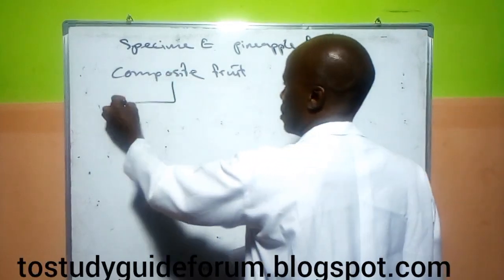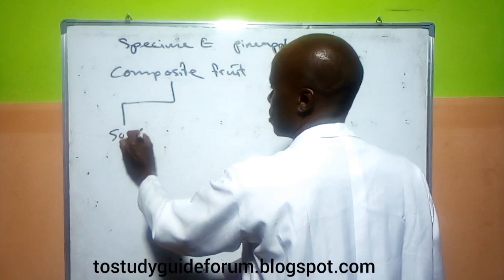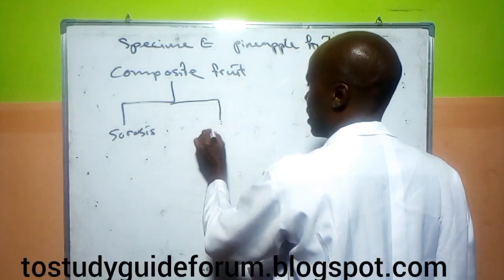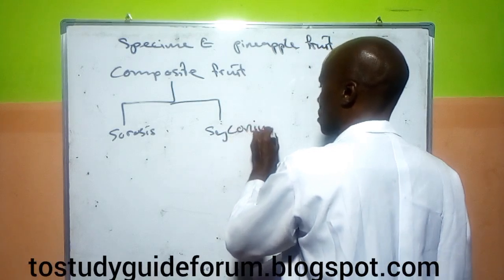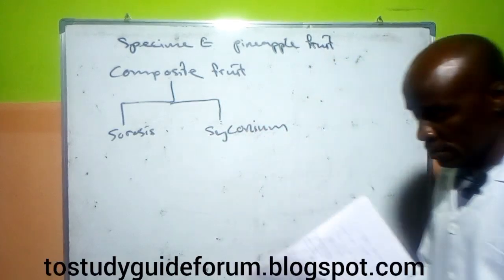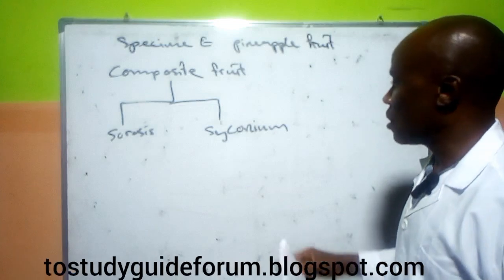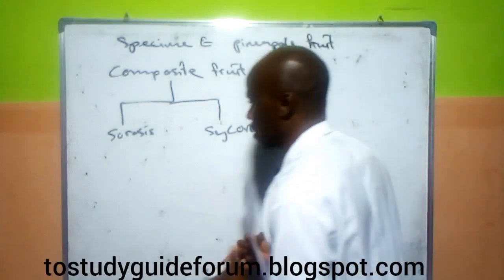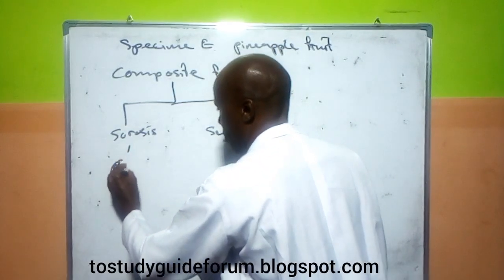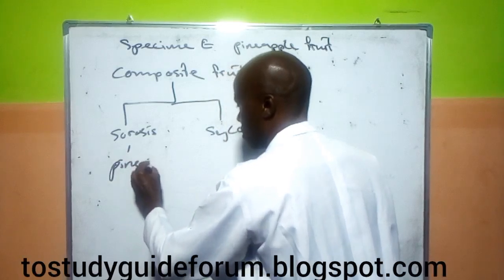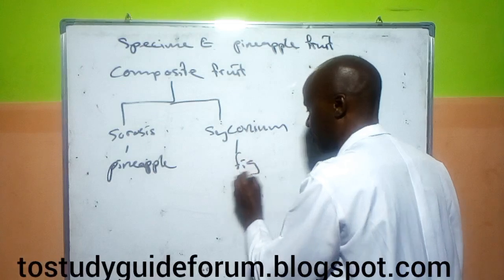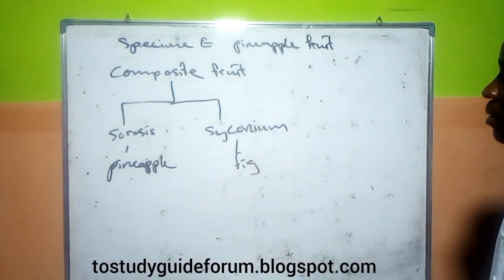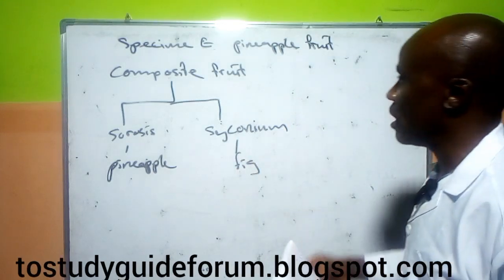The first one is the one we call sorosis, and the next one is the one we call syconus. The example of this sorosis is the pineapple, and the example of the other one is the fig.